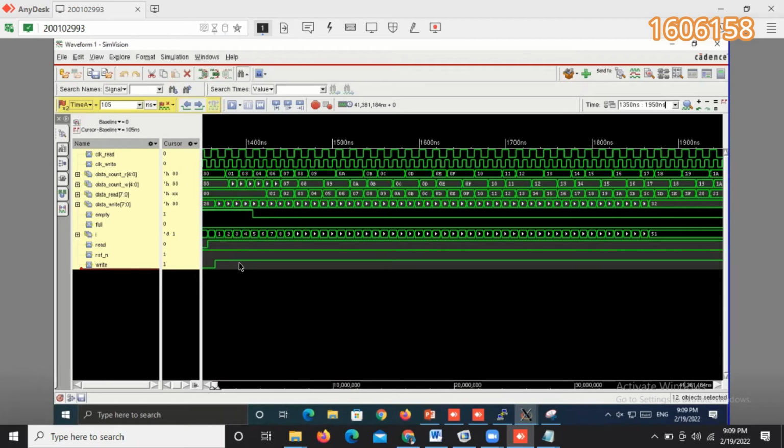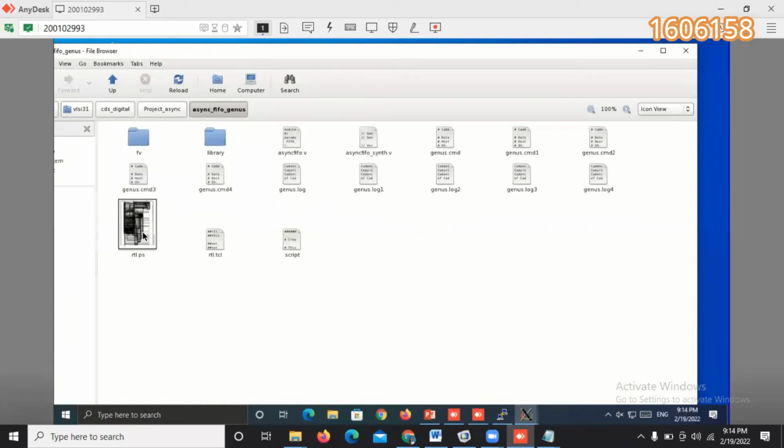So when we enable the write signal, the data write will be started, and then only data read will be started at the negative clock edge. We can see here both the read and write operations have been done simultaneously in this test case, and the frequency of data read is almost double that of data write because of the different clock frequencies.